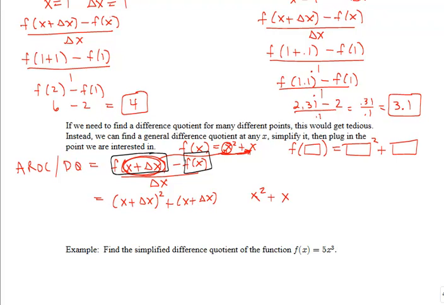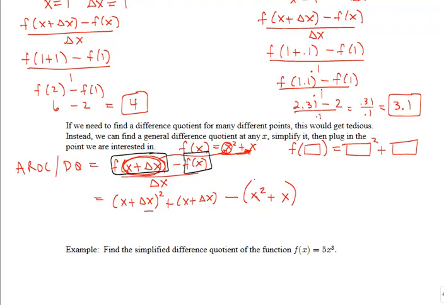So we need to be a little bit careful here, because what do we want to do with these two function values here? We want to subtract them. So don't just put a minus sign here, because all of these terms represent f of x, so you need to use parentheses around them to subtract both of these from all of this f of x plus delta x stuff.